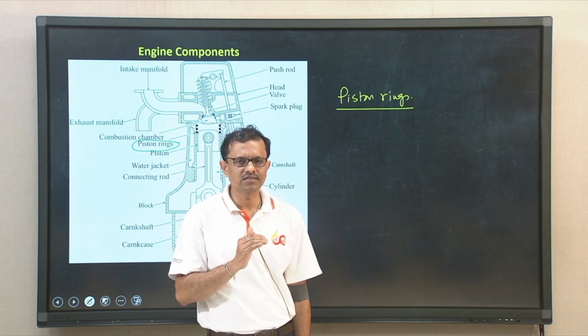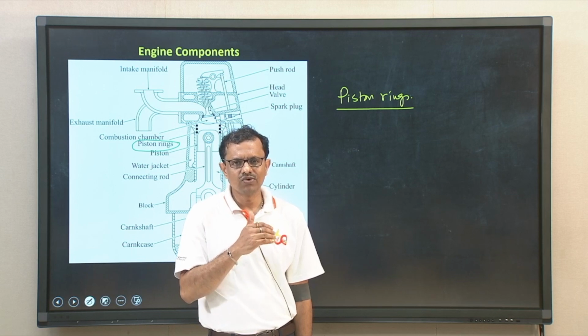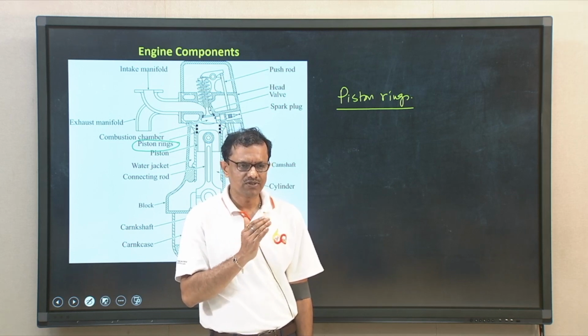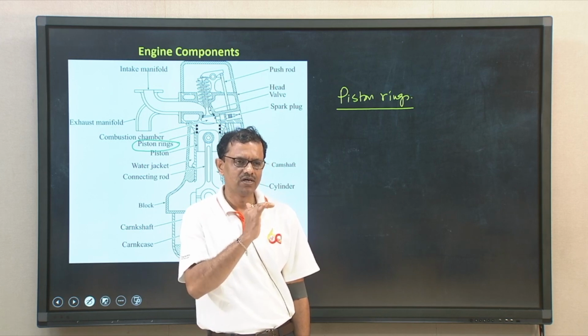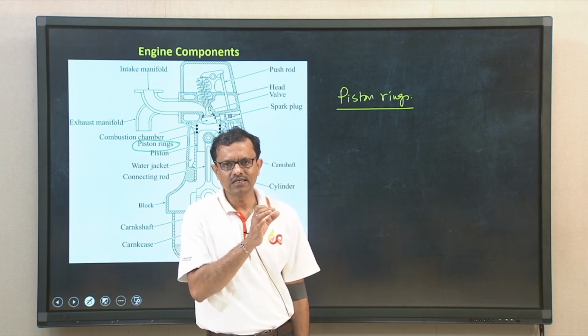Now, the piston will reciprocate between two identified locations, BDC and TDC, moving inside the cylinder.